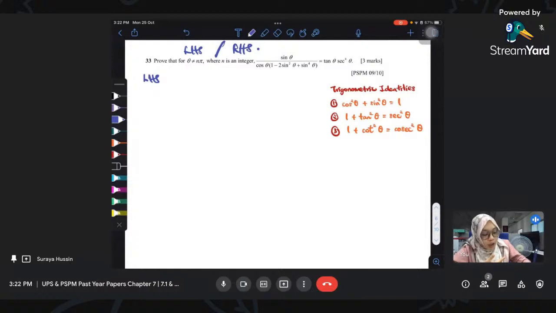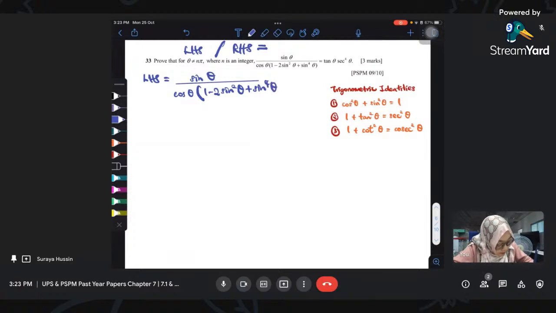You have to make sure you write down those letters and then put equal. Make sure you practice that. So sine theta over cos theta times 1 minus 2 sine squared theta plus sine to the power 4 theta.